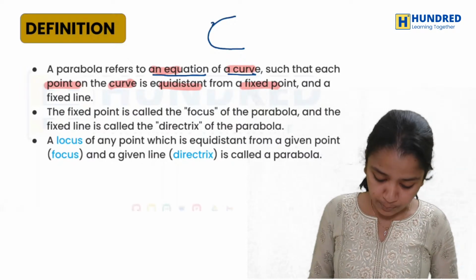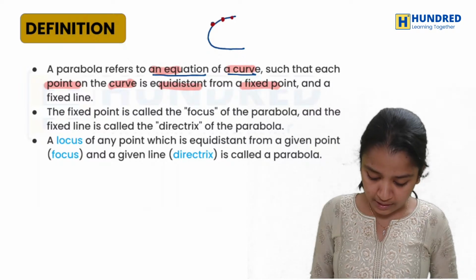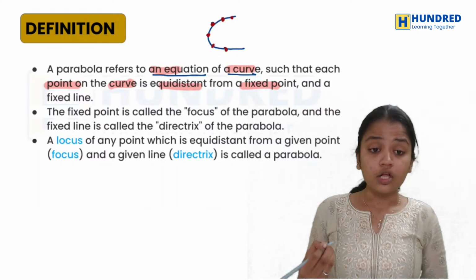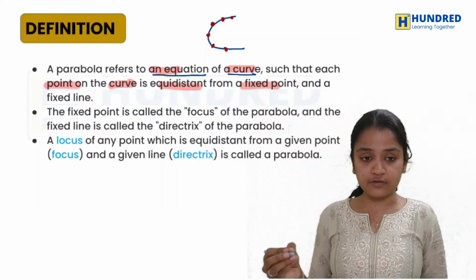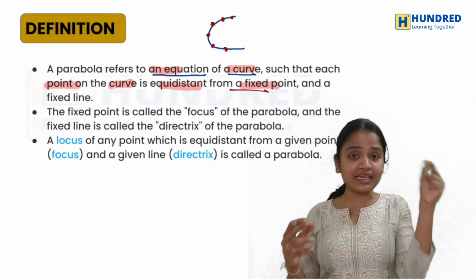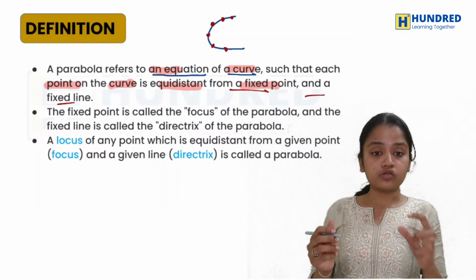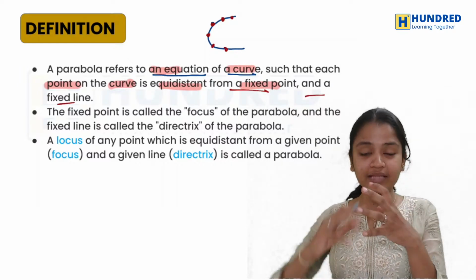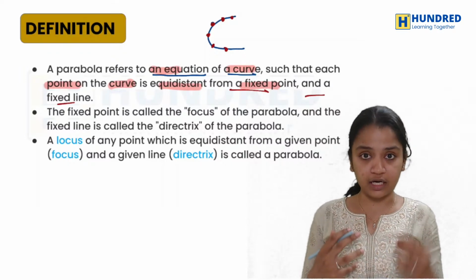You can have many points, for example a point here, here, and here. The point on the curve is equidistant from a fixed point and a fixed line. That's how you draw the curve, and that's how the equation of the curve is formed.